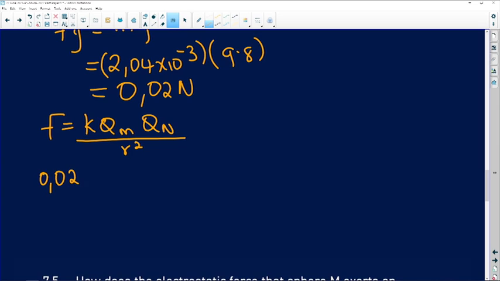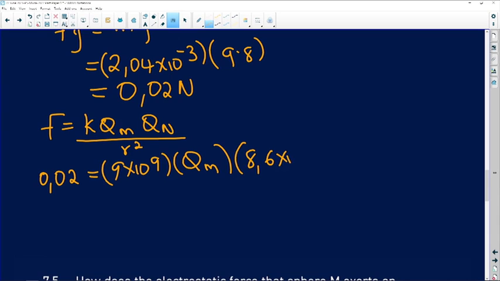0,02 equals 9 times 10 to the power 9, in the bracket. We don't know Qm, that's what we're looking for, and Qn was given to us as 8,6 times 10 to the power -8.